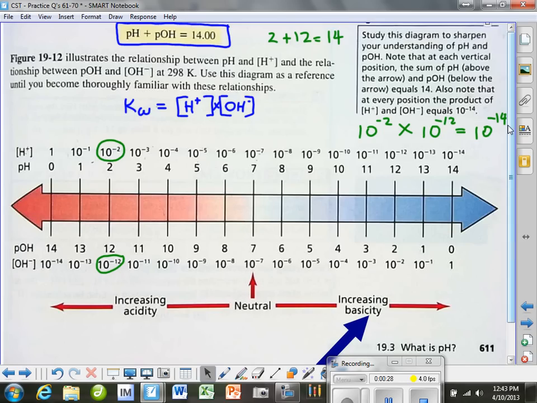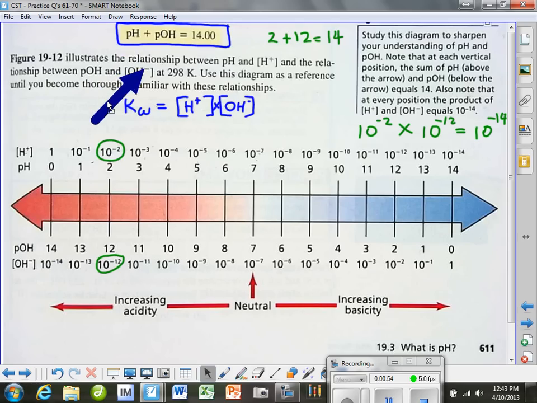On page 611, you see this graphic, and I've written some things onto it. First of all, if we look right up here, we see pH plus pOH being equal to 14. Now, the pH is the minus log of the hydrogen ion concentration, and the pOH is the minus log of the hydroxide ion concentration.